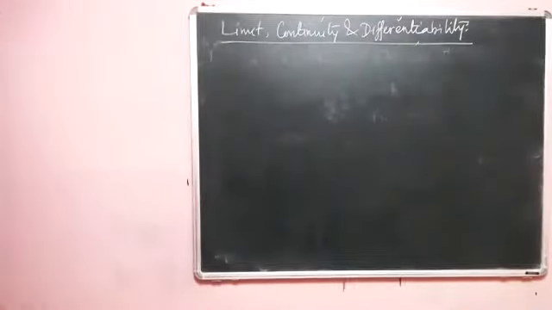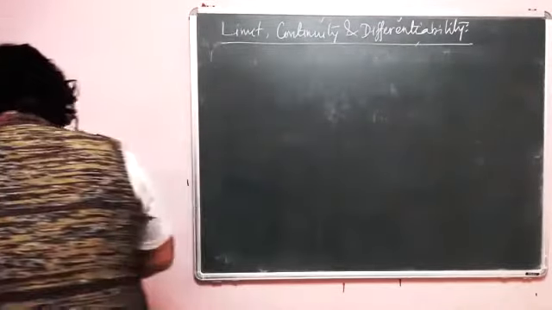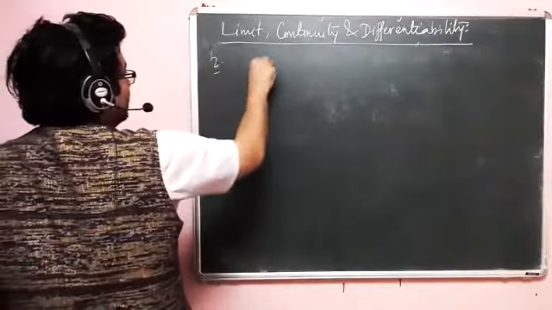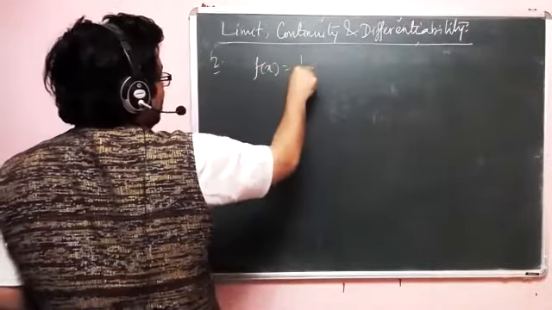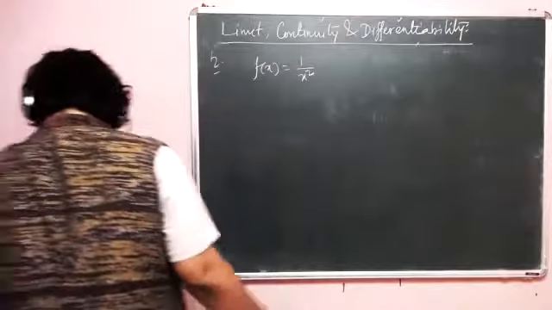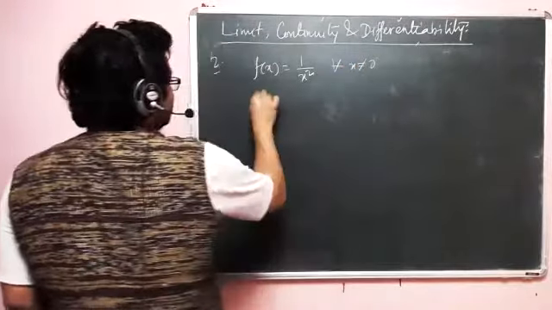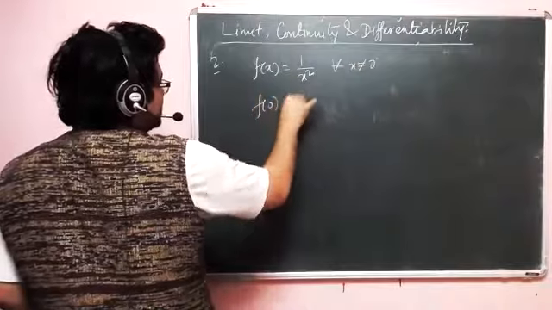The second one is f(x) equals 1 by x square for all x not equal to 0, and f(0) is 0.